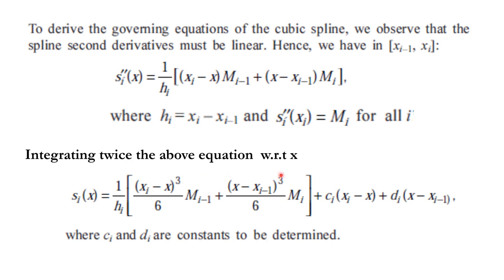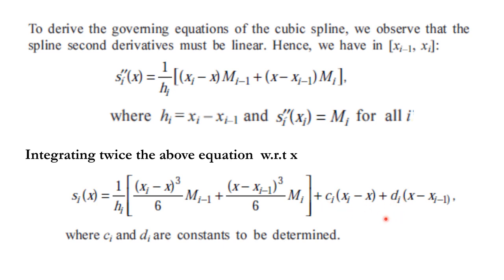So this is the form of the cubic polynomial or cubic spline, but here we don't know what the capital Mi values are, and also the integration constants ci and di.